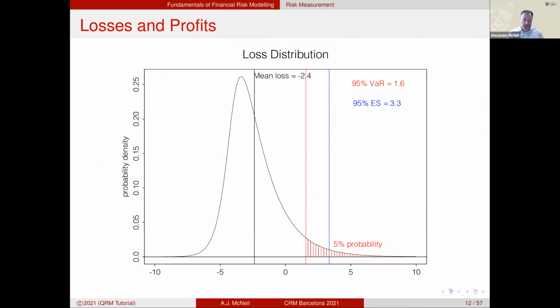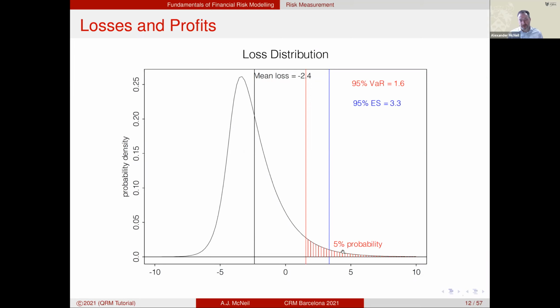And a picture is worth 1,000 words, as the cliche goes. So this might be a loss distribution, and it's entirely fictitious. And I've drawn a distribution where in fact the mean loss is negative. In other words, it's a position which makes a profit or is expected to make a profit because the mean loss is minus 2.4, but there is a probability of a loss, i.e. a value bigger than 0. And the red vertical line marks the 95th percentile.